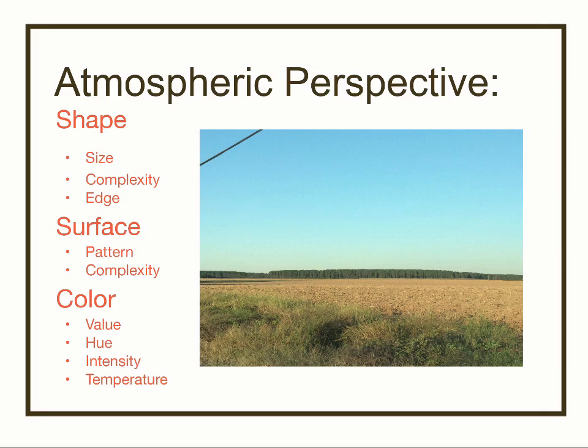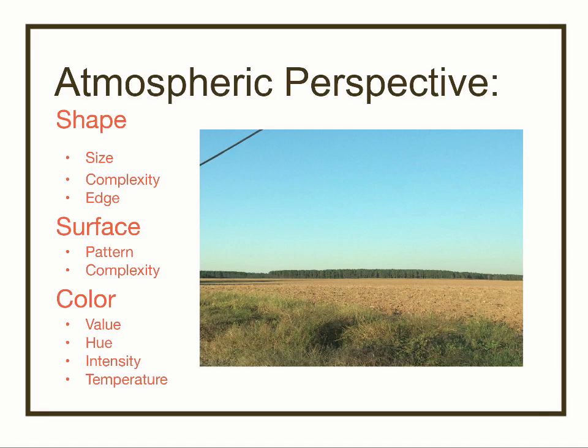Color, the thing we're going to focus on the most, has the most changes. So we've already talked about value in the sense that you want to have a wide range of values in your composition. But there's some things that happen to value as you go back into space. One of the main things that happens is that the contrast diminishes.